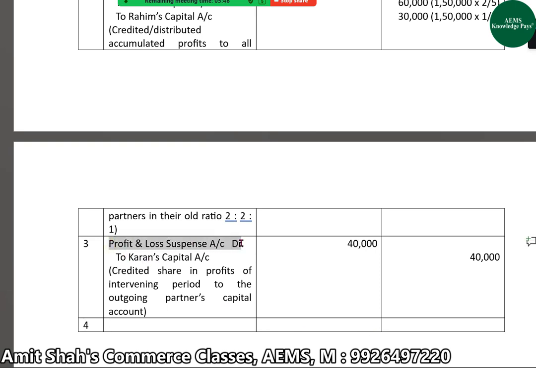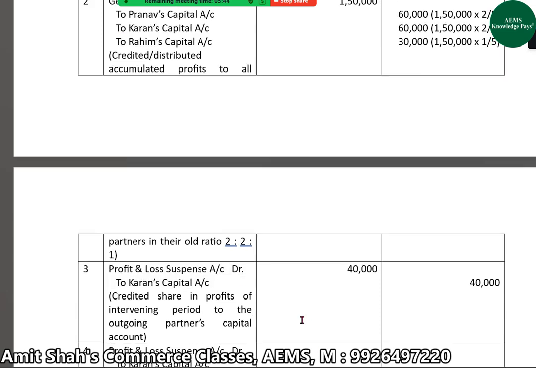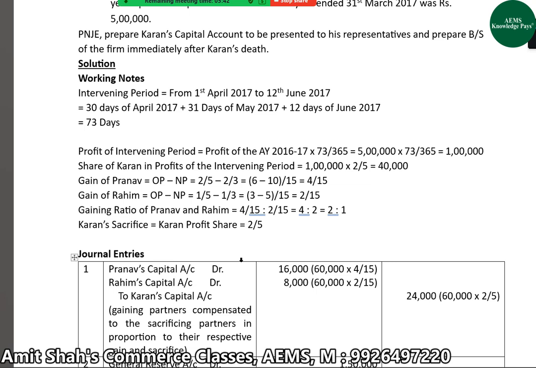The next entry we'll do for interest on capital of intervening period. Correct, guys?